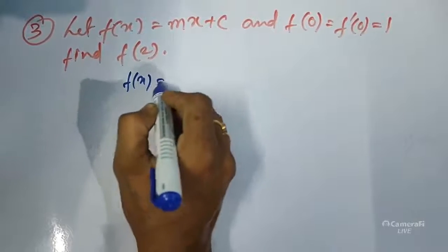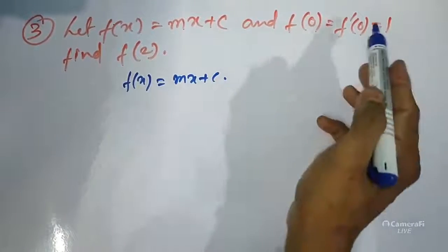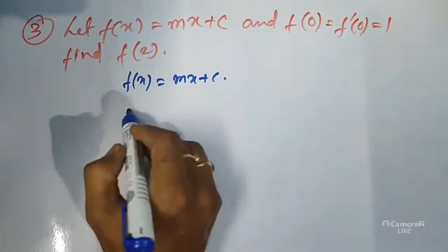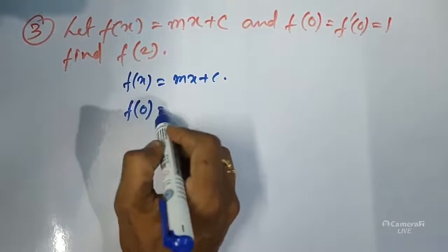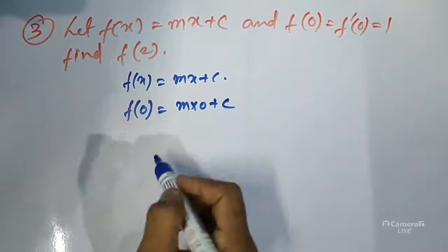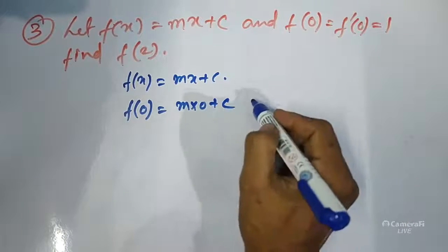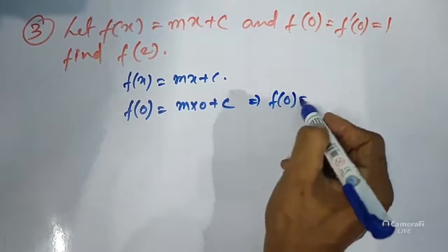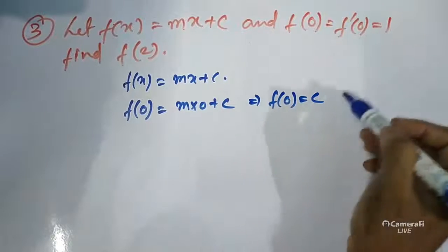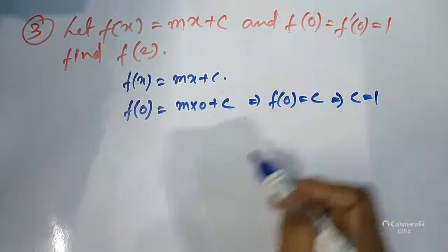What will be the value of f of 0? If we put 0 in the place of x, that means m into 0 plus c. M into 0 is 0, which implies f of 0 equals c, and the f of 0 value is 1, which implies c equals 1.